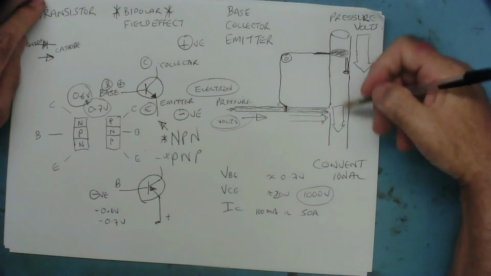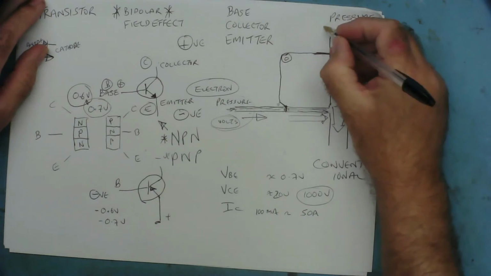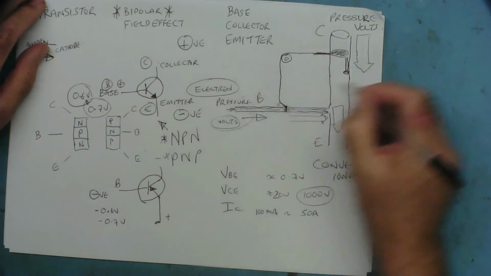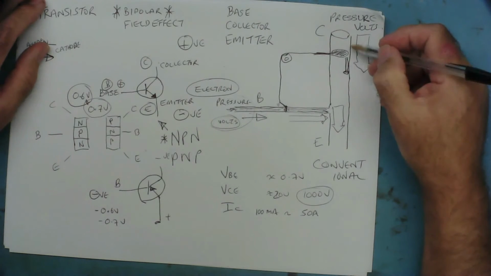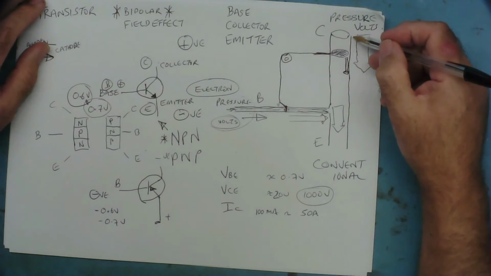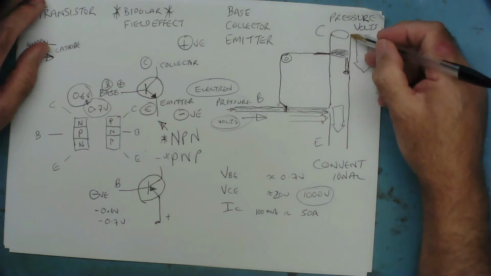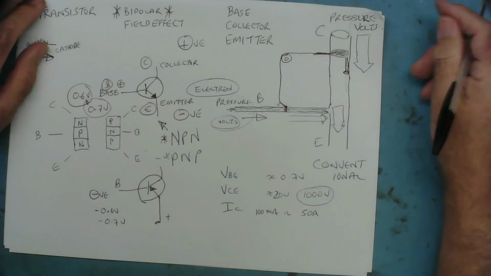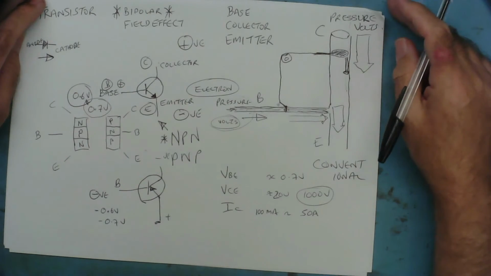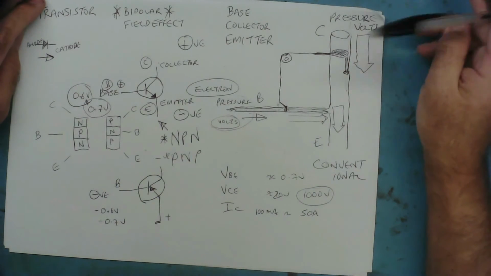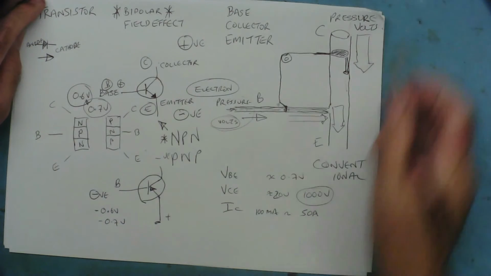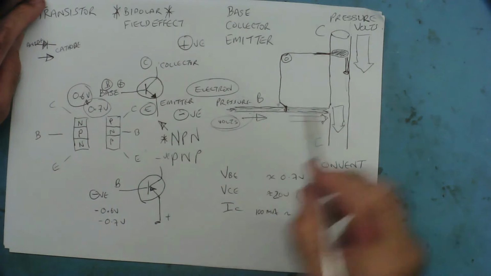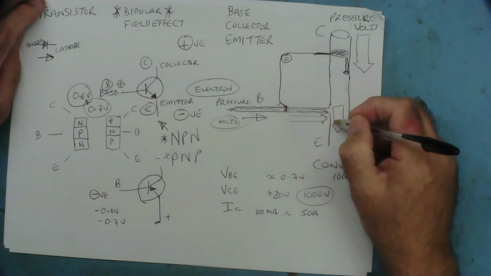Just go back to our water pipe. Effectively, this is your collector, this is your emitter, and this is your base. The collector current is the current that's flowing through the collector. What's the current flowing through the emitter? Is it the same? No, it's not, is it? This bit of water going through the narrow pipe, the control flow, where's it going when it comes in here?